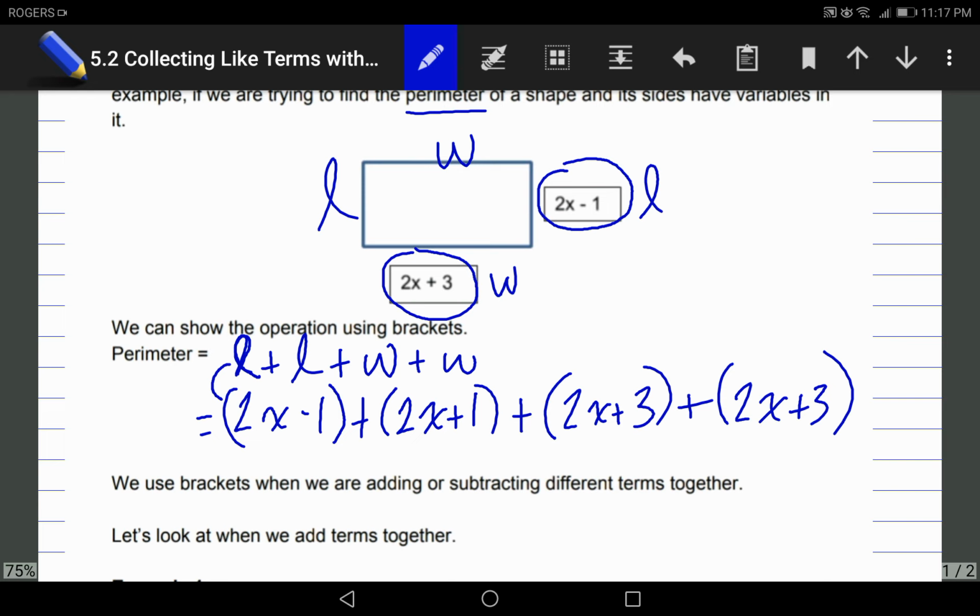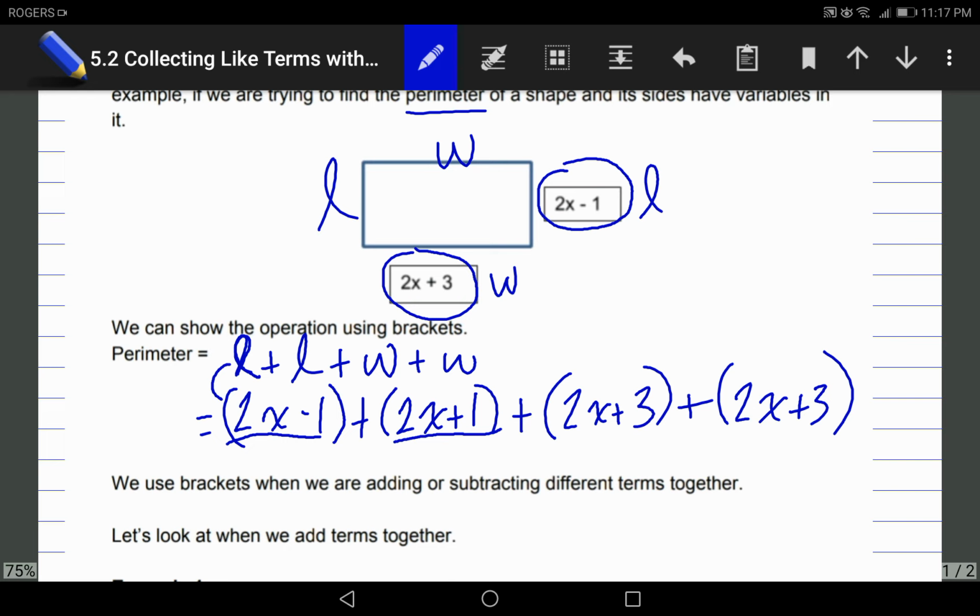So we have to use brackets in this case. Anytime you replace a letter with either a number or an expression, you always use brackets because we are taking this whole expression and adding this whole expression to it. We're not just adding 2x to it, we're adding all of 2x minus 1. Because we're adding all of it, you put it in brackets to show that it's the entire 2x minus 1 that we're adding.